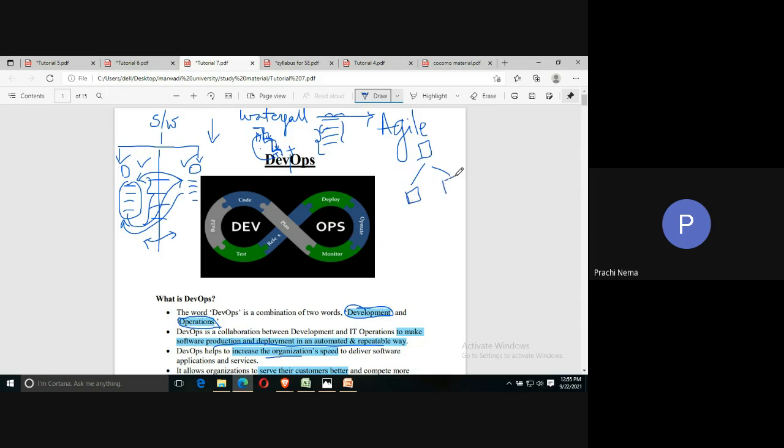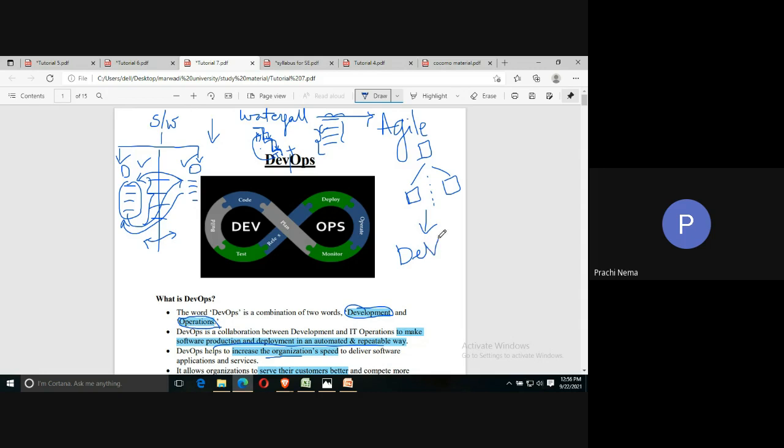So here the sequential execution is converted into parallel execution. That is, the system is broken down into components and then we can carry out the execution of these components in parallel. Further, there were a few drawbacks of agile methodology which were rectified in DevOps.